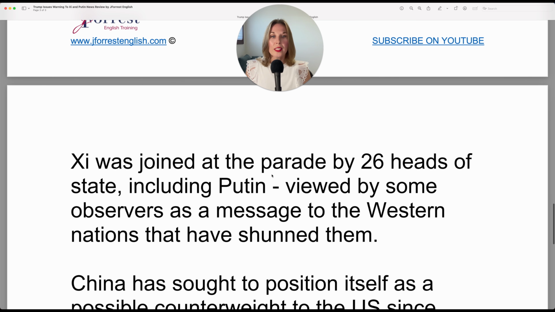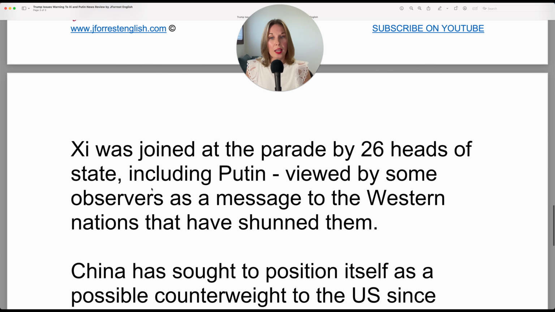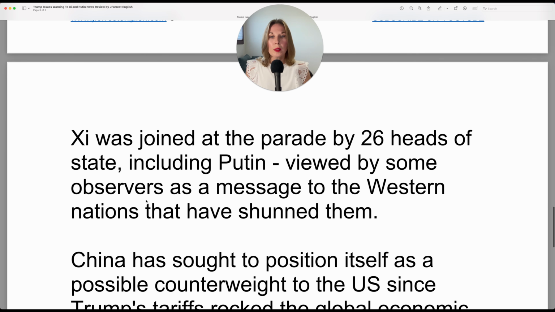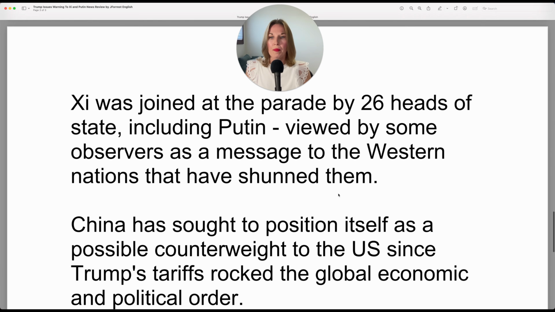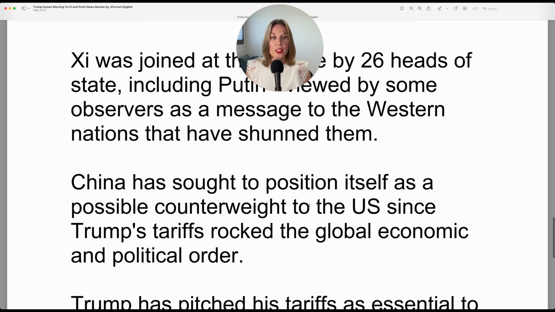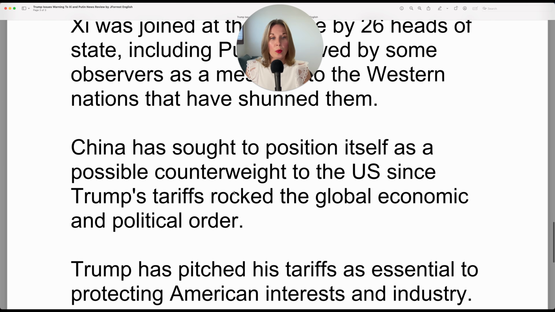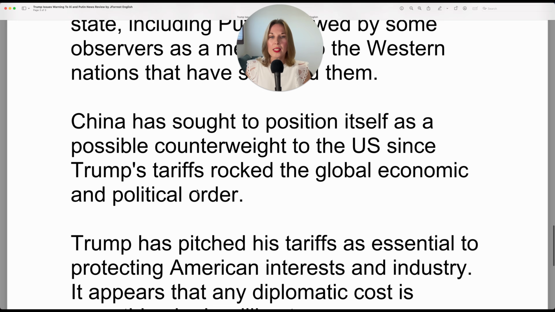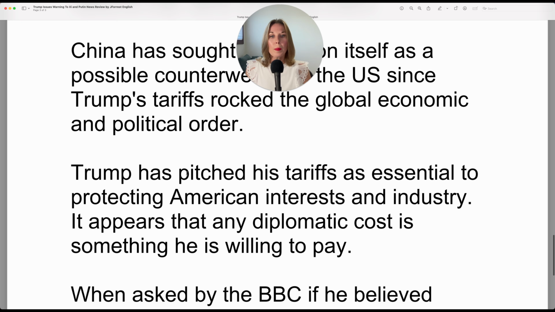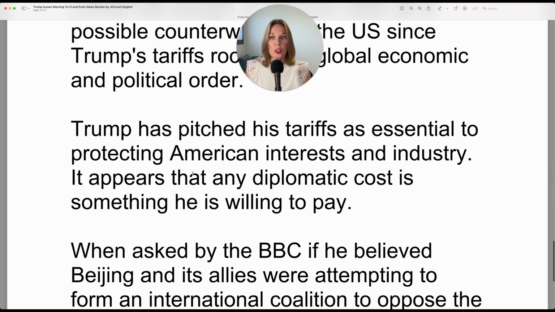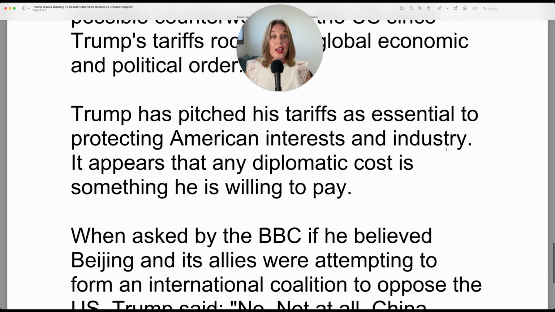Xi was joined at the parade by 26 heads of state, including Putin, viewed by some observers as a message to the Western nations that have shunned them. China has sought to position itself as a possible counterweight to the U.S. since Trump's attacks rocked the global economic and political order. Trump has pitched his tariffs as essential to protecting American interests and industry.